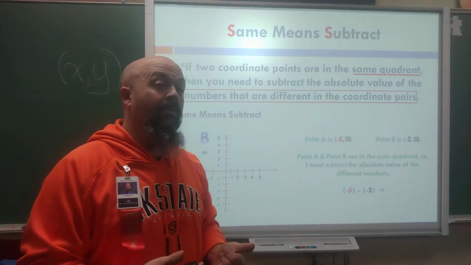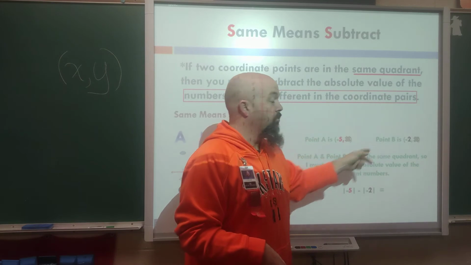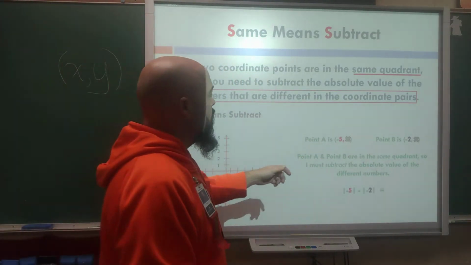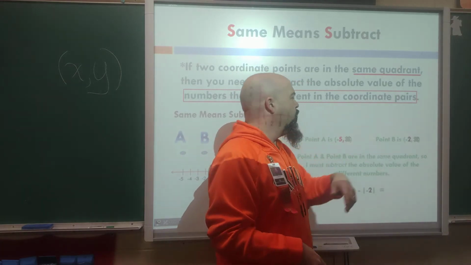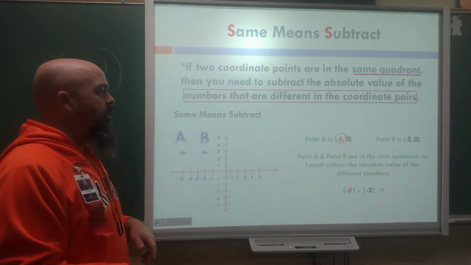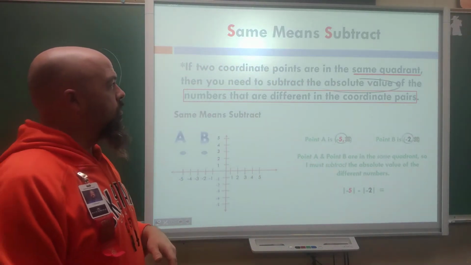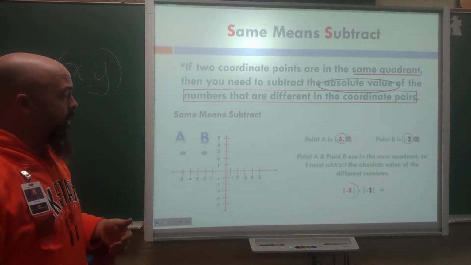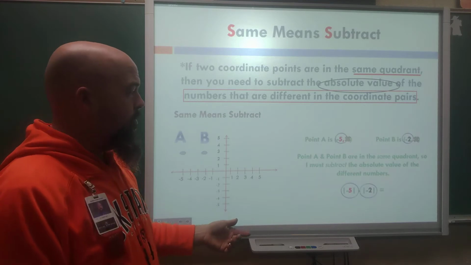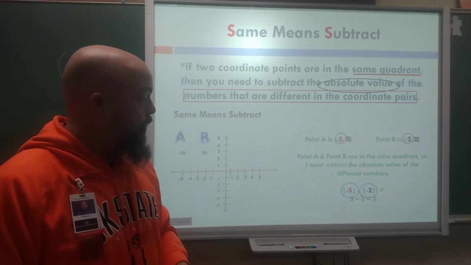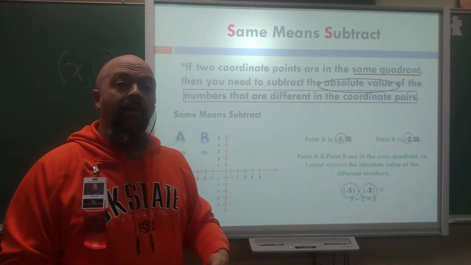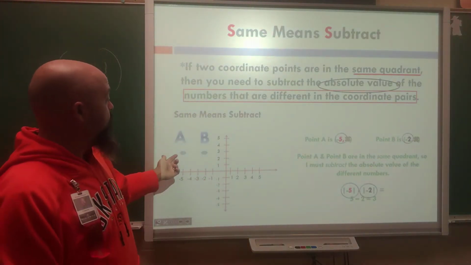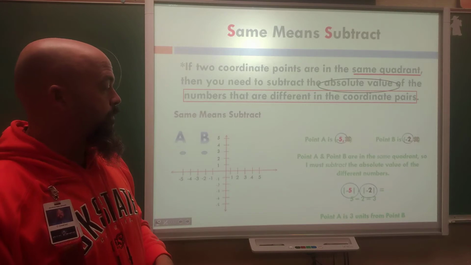We don't need to worry about the y in this situation because they're both 3s. That's not going to give us anything. We need to worry about the 5 and the 2. And since we're talking about absolute value, it's not -5 and -2 that we're dealing with. It's actually 5 and 2. So 5 minus 2 gives us 3. So our distance between the 2 points is 3.